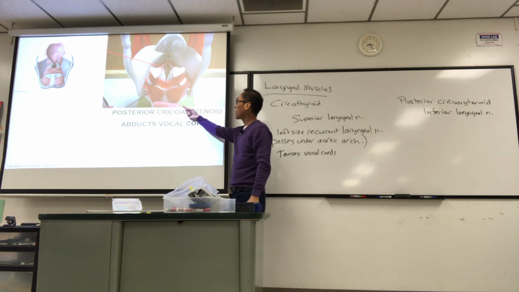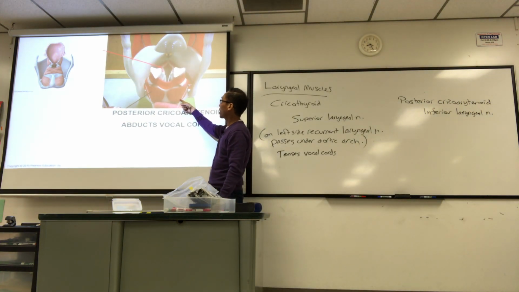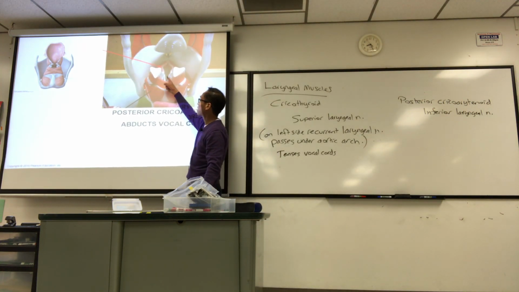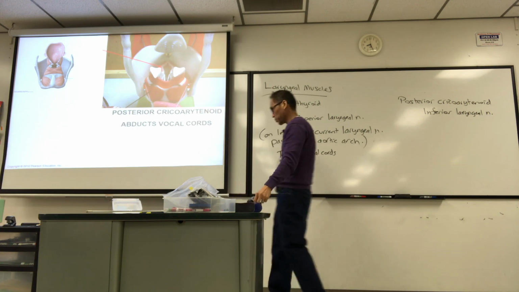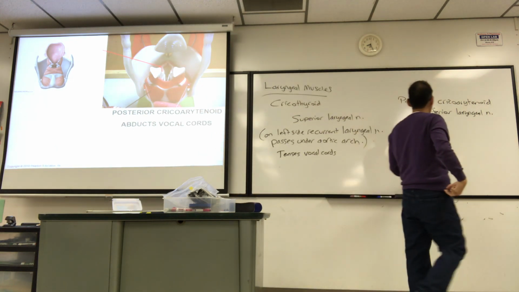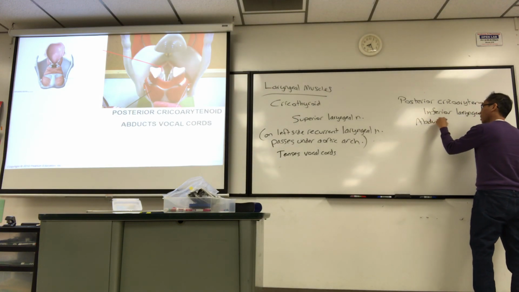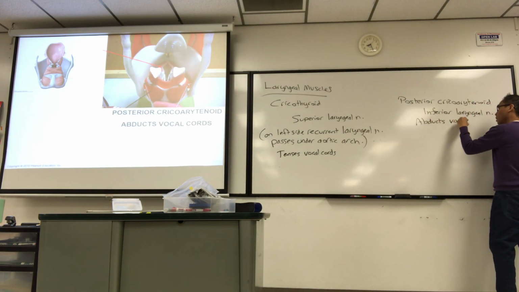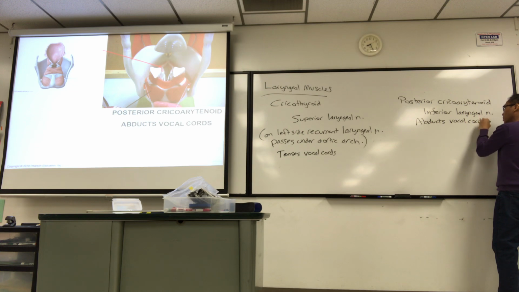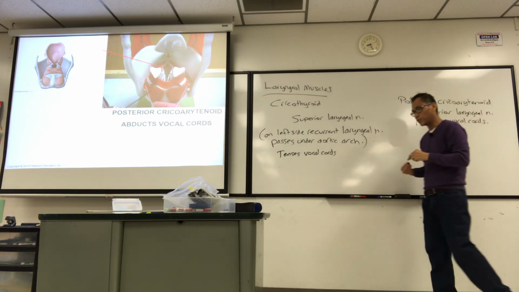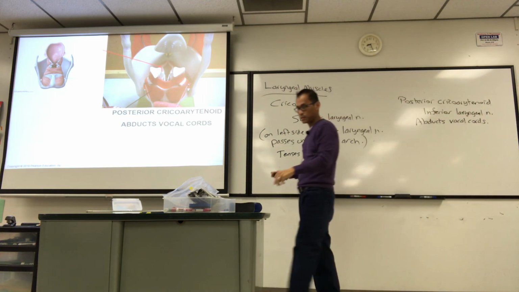So I'm pulling on this string on a functional larynx model. It makes the arytenoids pivot, and you can kind of see how it abducts the vocal cords there in that picture. That's important. If you paralyze that muscle, you're going to have trouble breathing because you can't open the glottis.